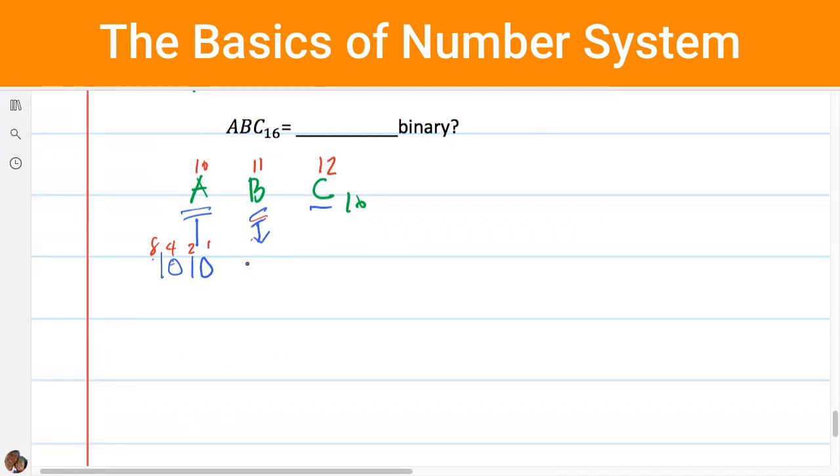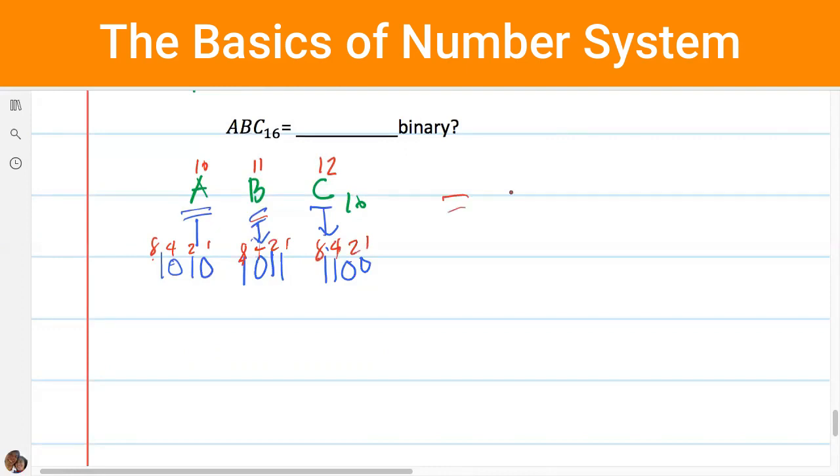So 11 in binary is 1, 0, 1, 1, that's 10, plus 1, that becomes 11. What about 12? 12 is equivalent to 1, 1, 0, 0. If you want to check this one, this is 1, 2, 4, 8. 8 and 4 is 12.